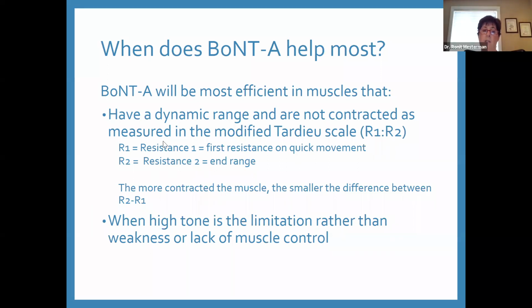This difference, the delta between R1 and R2, will tell us how well this muscle might respond to Botox. Botox is able to push the R1 closer to the R2. We're not able, with the help of Botox, to really push the R2, the end range, further. That requires different means, such as serial casting and possibly surgery.